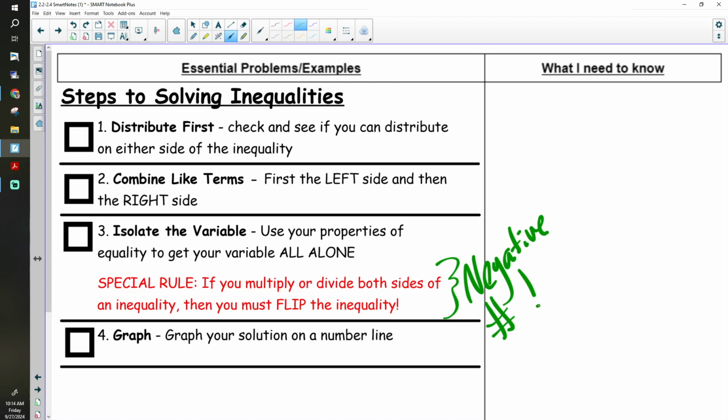If you multiply or divide both sides of your inequality by a negative number, you must flip the direction of your alligator mouth. We're going to do a little baby example right here to the side. Let's say I have negative 3x is less than 6.